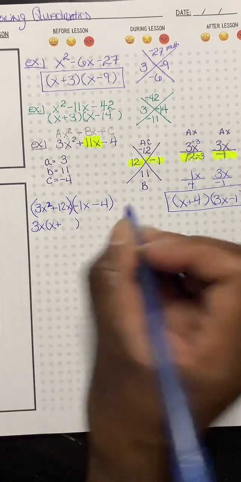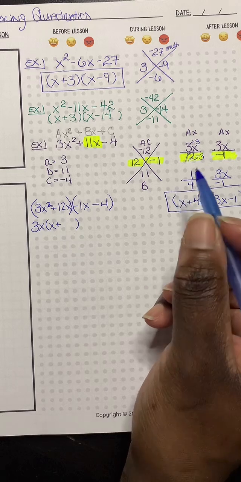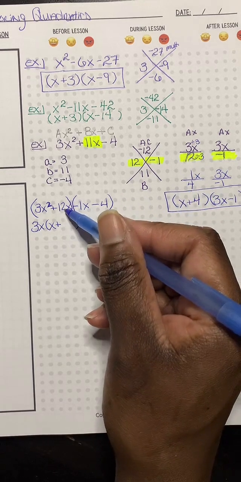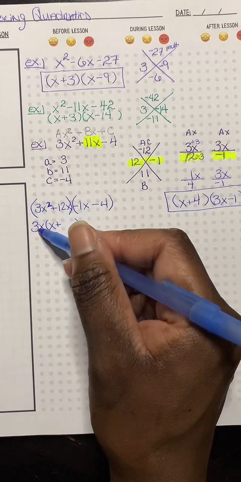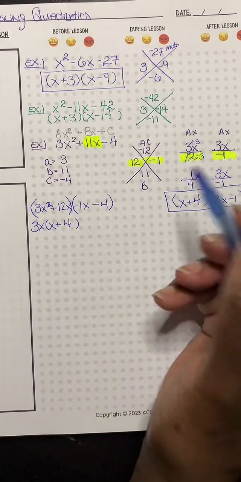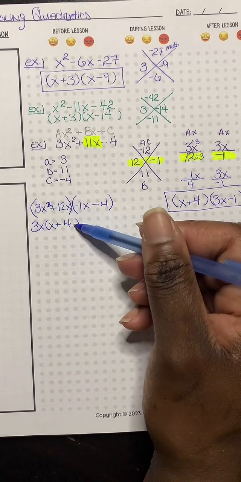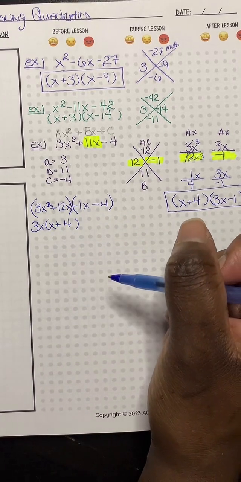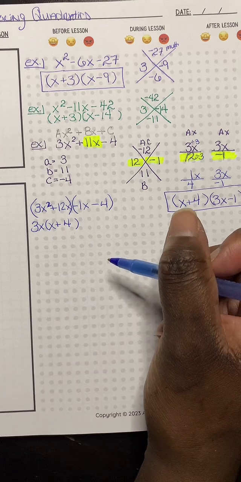Bring down the plus sign. 12x divided by 3x, 12 divided by 3 will give me 4. I have 1x, I took 1x out, there are no x's left.